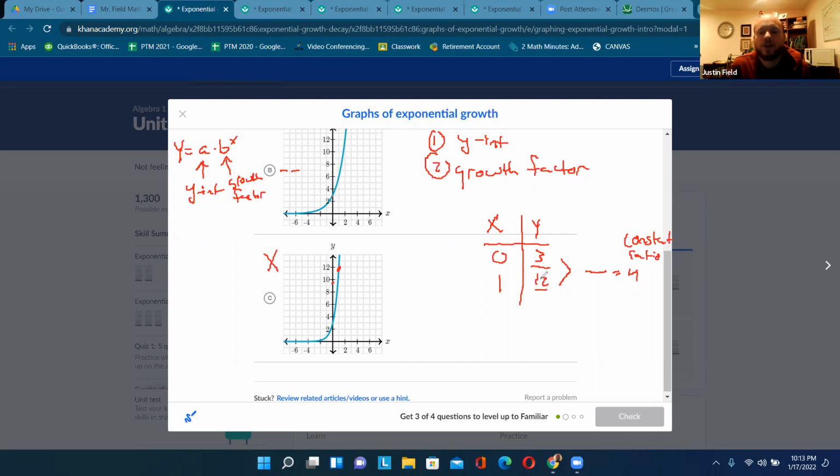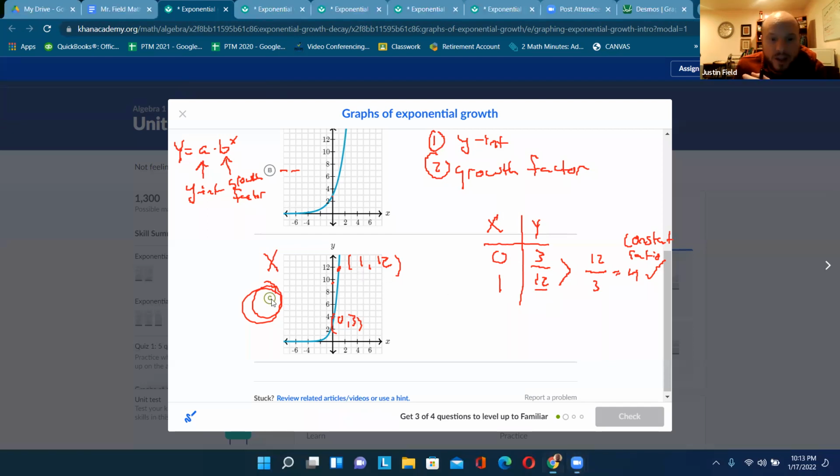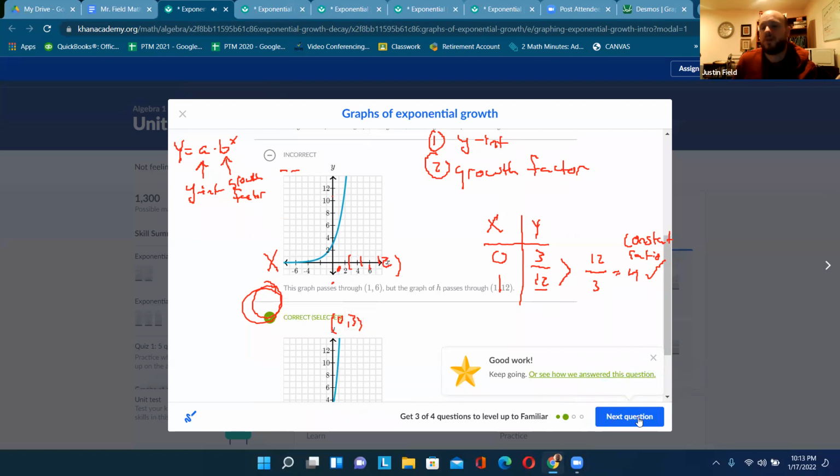And so if that's true, if this is 1, 12 and 0, 3, well, that could be good because 12 divided by 3 is 4. So I think C is going to be our graph because it has a y-intercept of 3 and it goes through 0, 3 and 1, 12. And so that would give it a growth factor of 4. And so there we go.